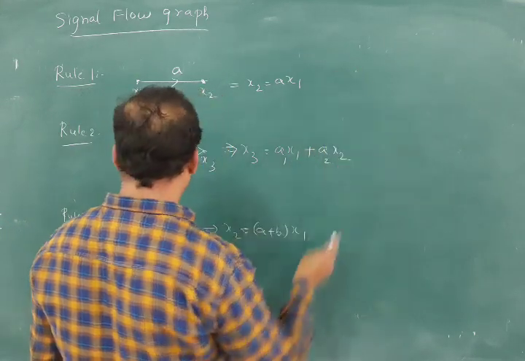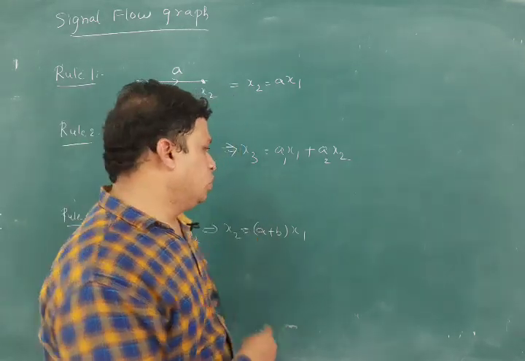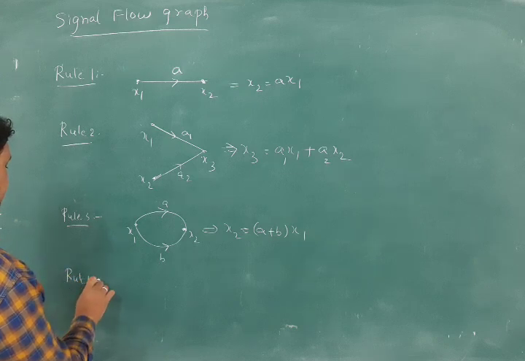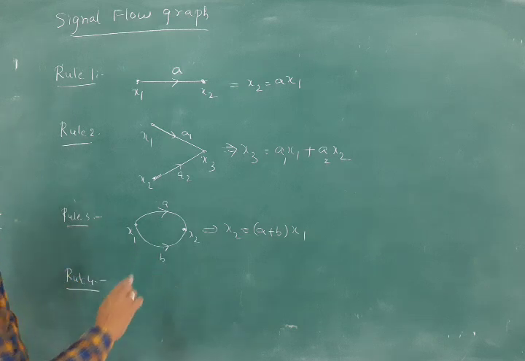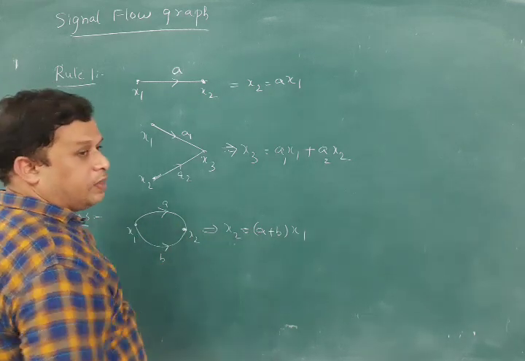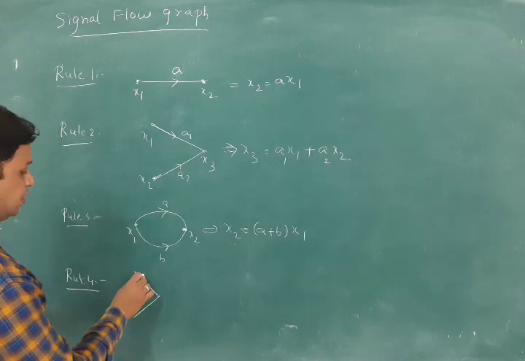These are the rules. And one more thing, how to do this one? Because while doing the signal flow graph, we will come across this type of thing, then we can easily write what is the actual equation for that. Suppose the nodes and the branches are like this.